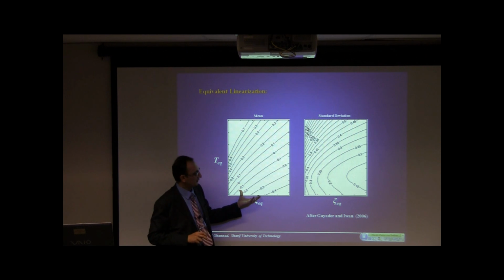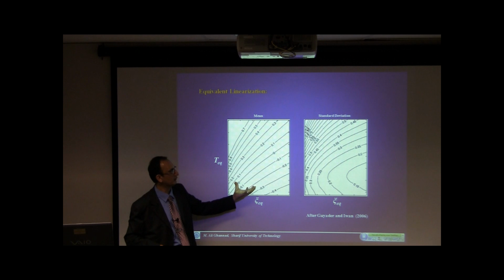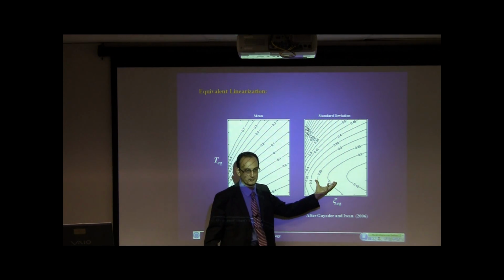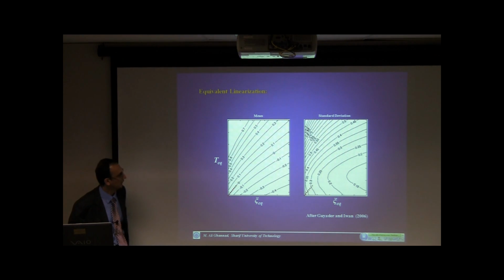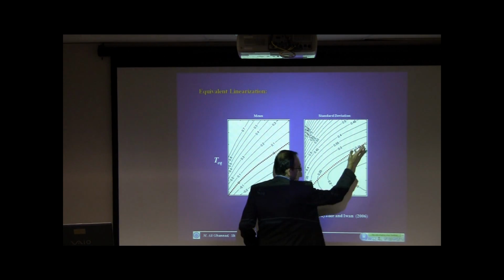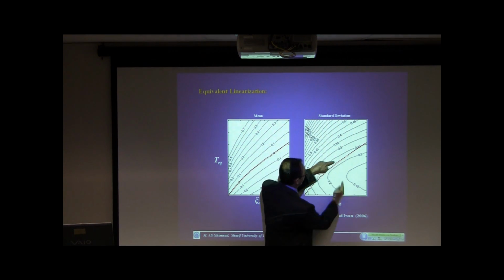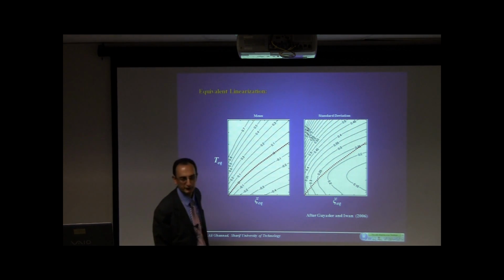So these are the results from Ghannad and Ivan. This is the mean of errors and the standard deviation of errors. And of course, along this line, the 0 error, different combinations have different standard deviations.